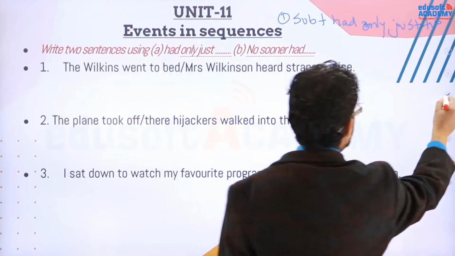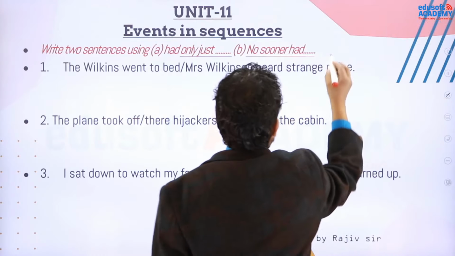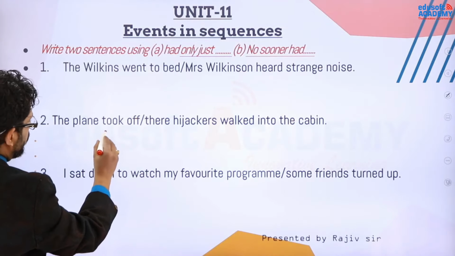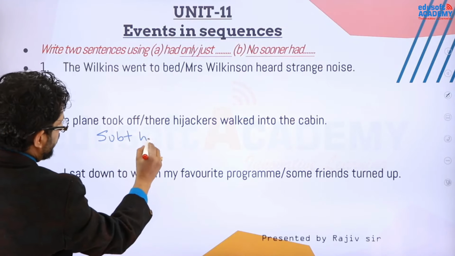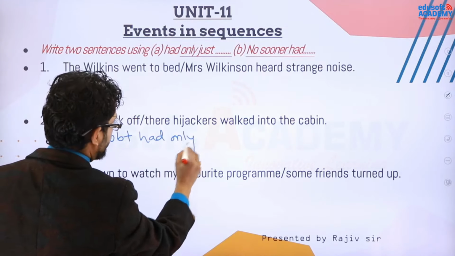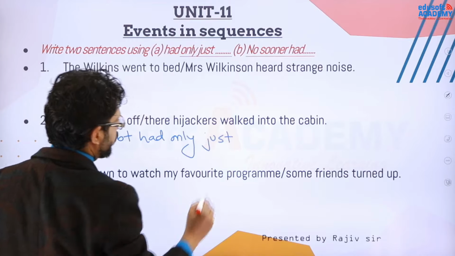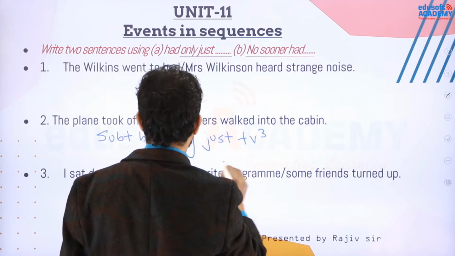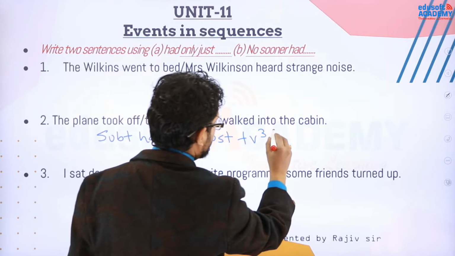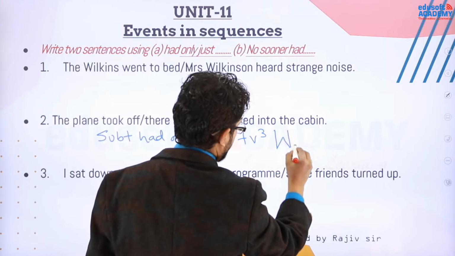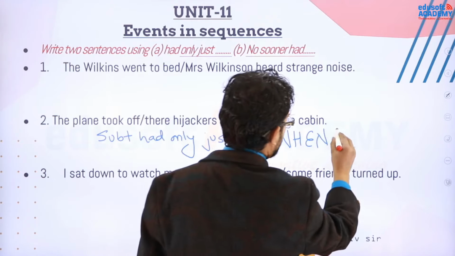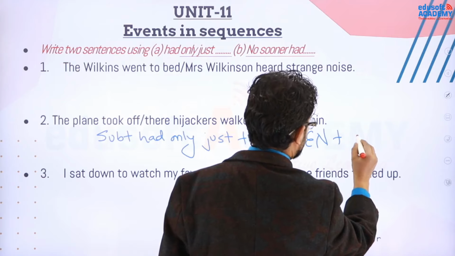Let me rub it and write down the structure again. Subject plus had only just plus verb 3. Now along with "had only just," you are going to write "when." After that, the second event.